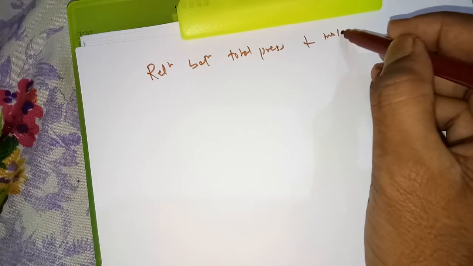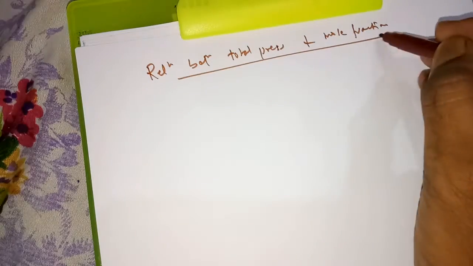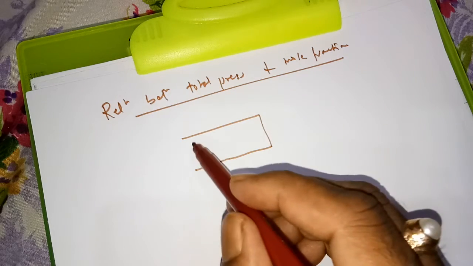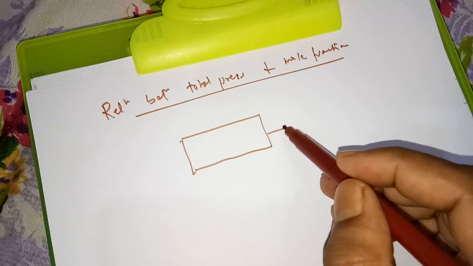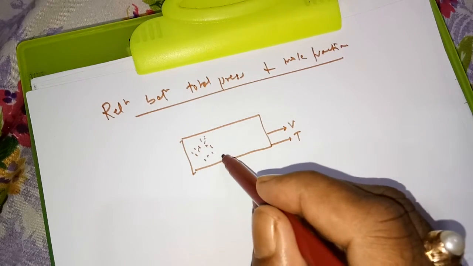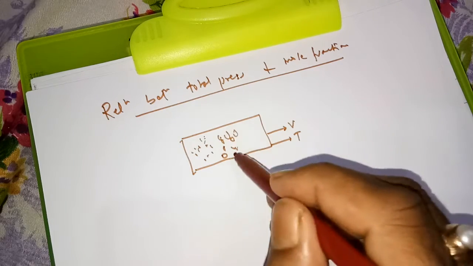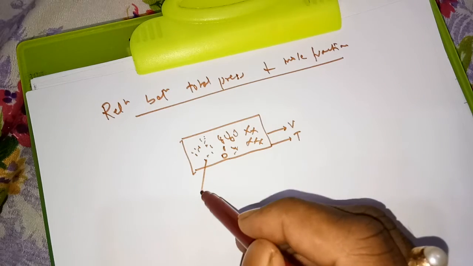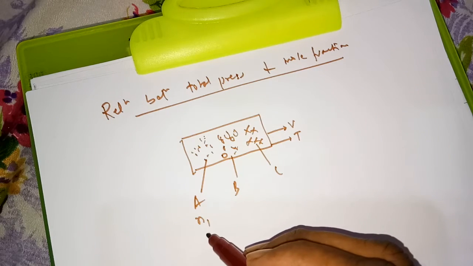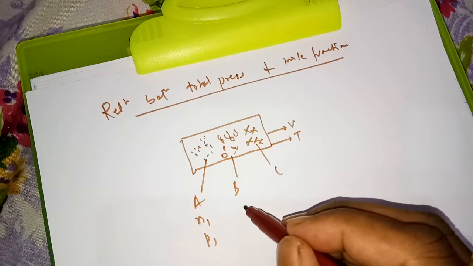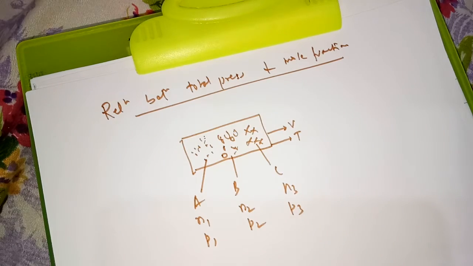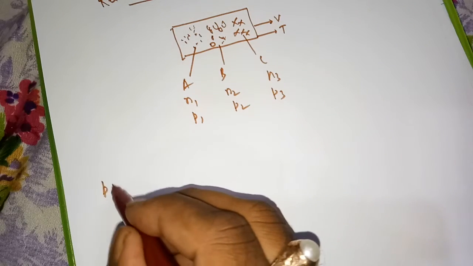Let us consider three gases confined in a definite volume V of a container, and at definite temperature T. There are three gases: this is gas A, this is gas B, this is gas C. Gas A has number of moles n1 and partial pressure P1, gas B has number of moles n2, partial pressure P2, gas C has number of moles n3, partial pressure P3. Now we know PV equals nRT.